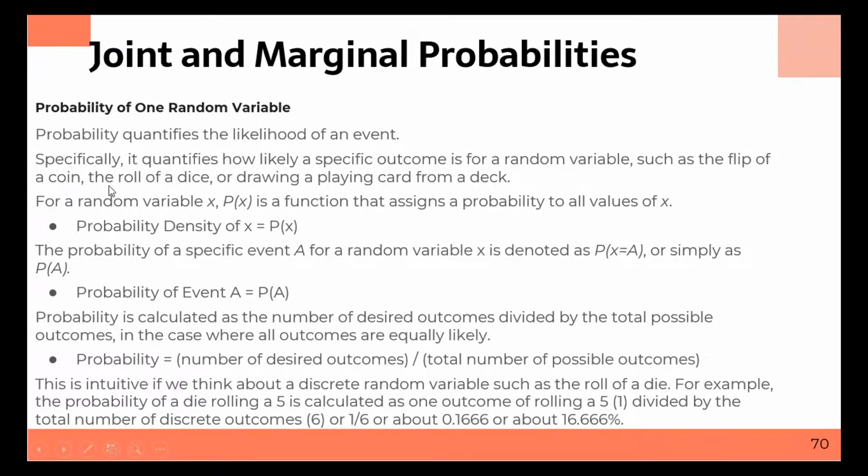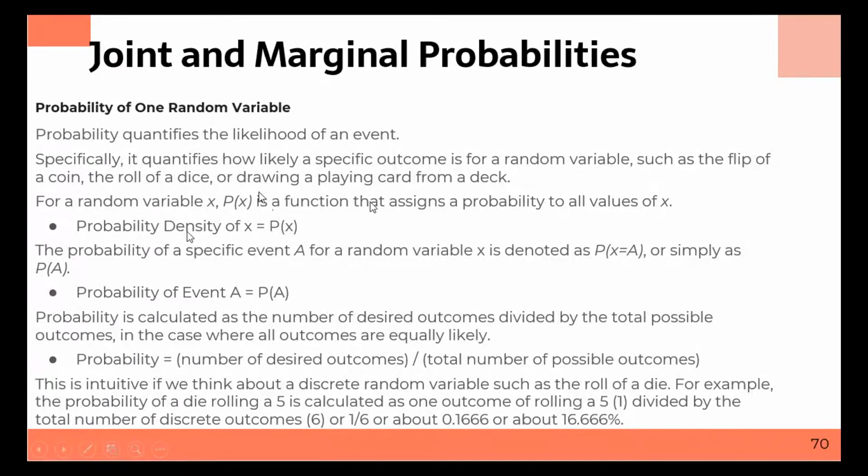Those two values, this x may hold any one of them at a time. So p of x is a function that assigns a probability to all the values of x. This will generate all the possible outcomes that x can hold.